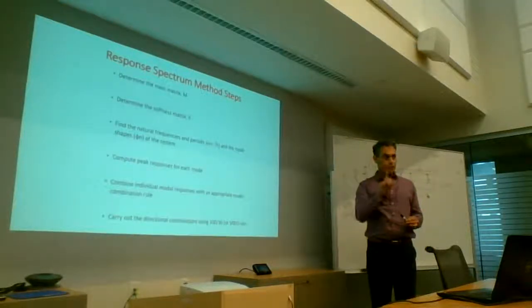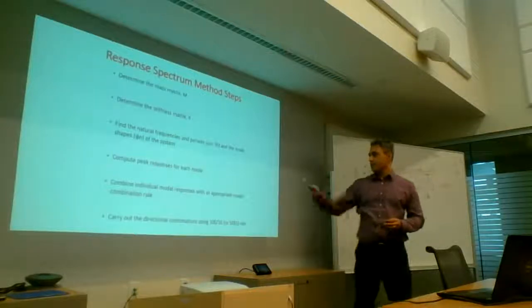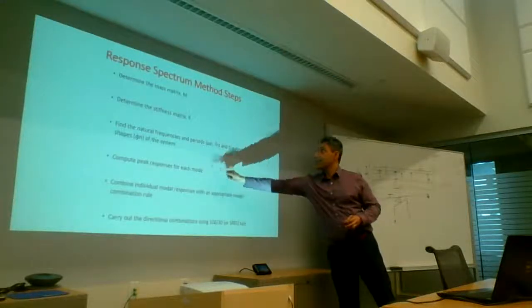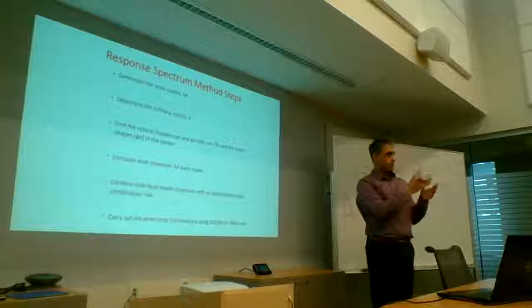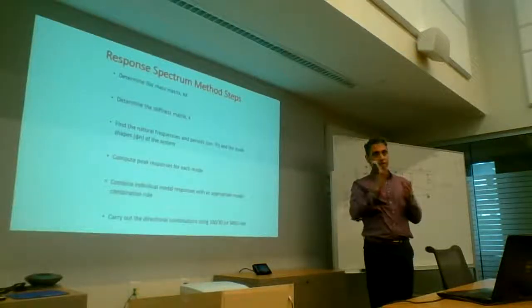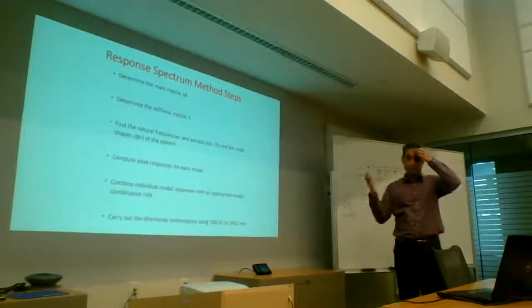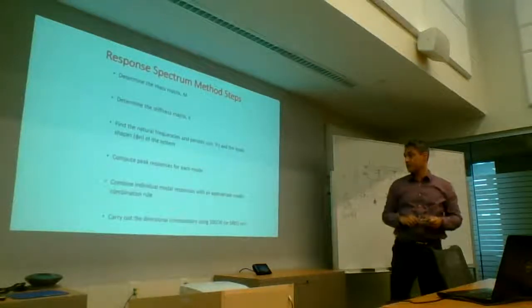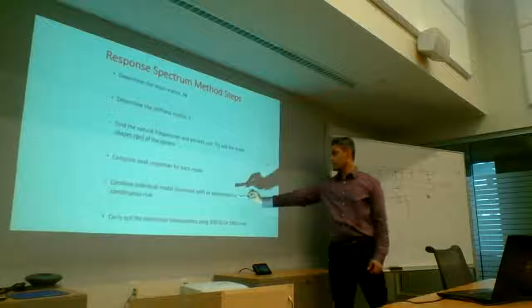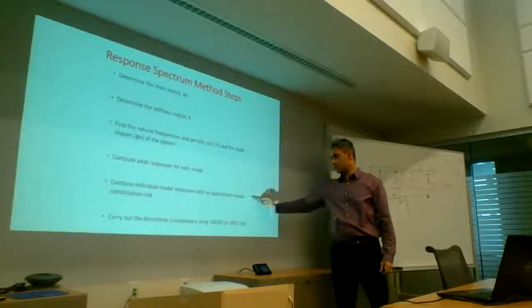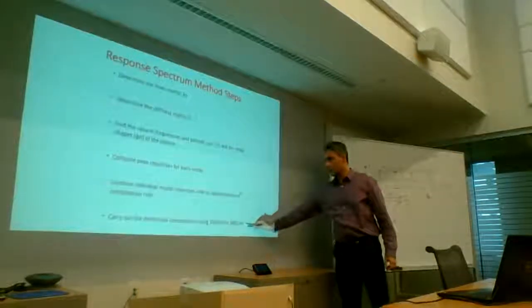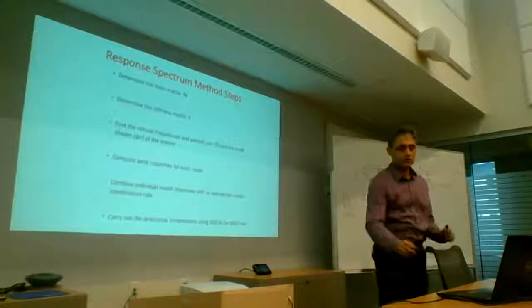Now, because you're not doing a time history analysis, you're calculating the peak response using a response spectrum. So for all those different time periods, you're coming up with the maximum responses for those periods. Now you have to combine them with appropriate modal combination rules, and then an appropriate directional combination.